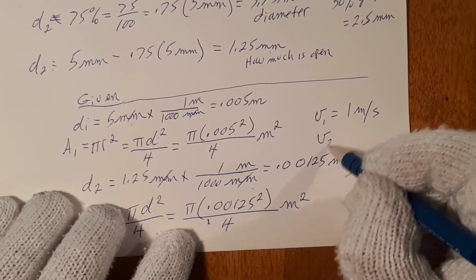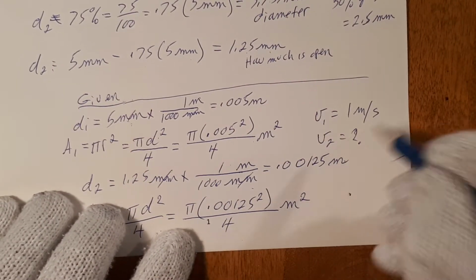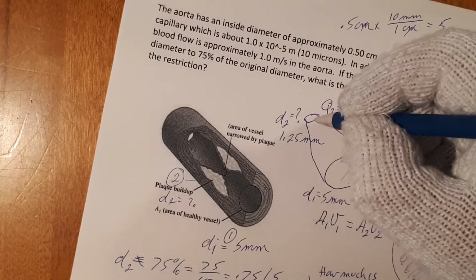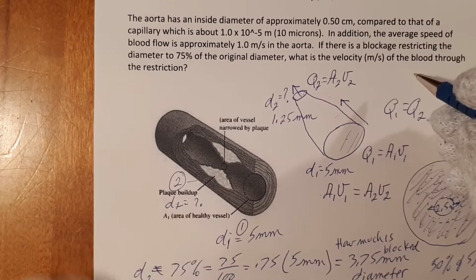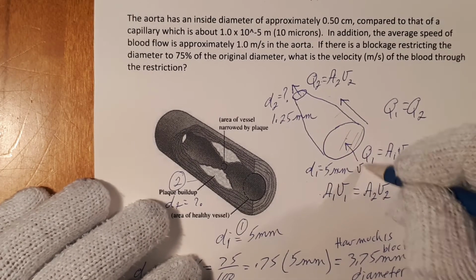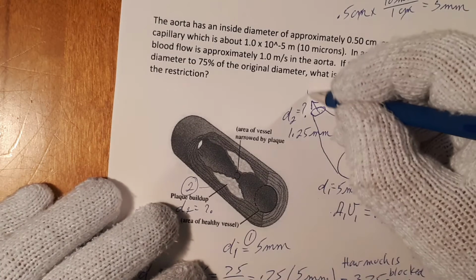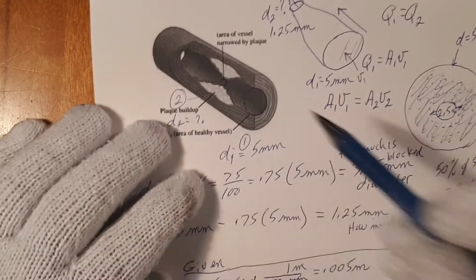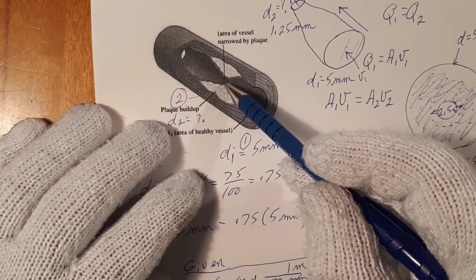And we want to find the velocity v2. What is the velocity here at the restriction? I'll just draw an arrow of the blood flowing out. So blood flows in this way, it has a velocity v1, and it exits here at a velocity v2 with this restriction. And we're only interested right here at this portion.